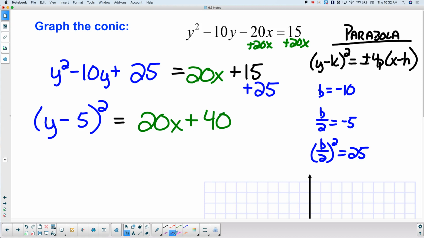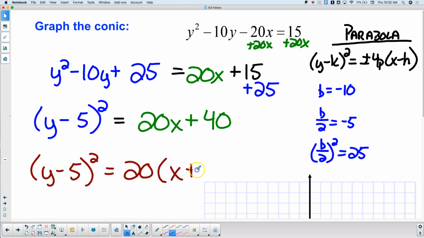So if I factor out a 20, I get y minus 5 quantity squared equals 20 times x plus 2. And now that's in the form of my parabola. Which way does it open now? To the right, because my 4p value is positive.